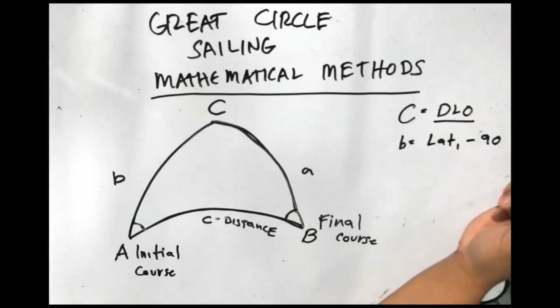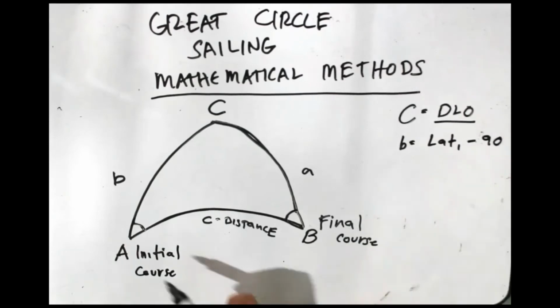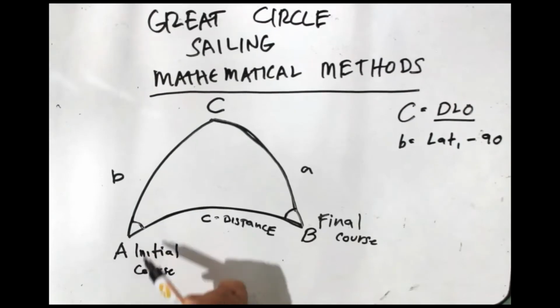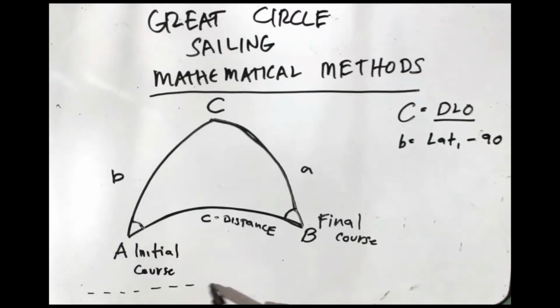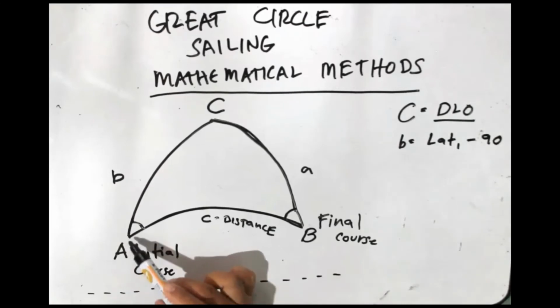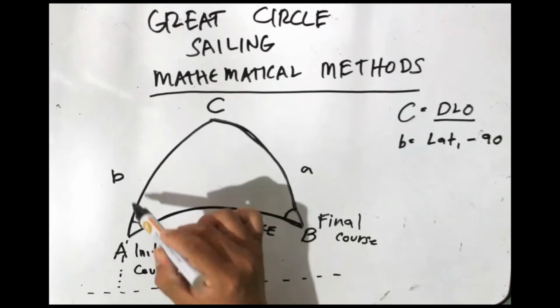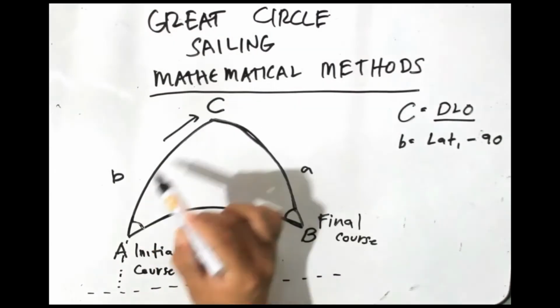Bakit ko nasabi na minus 90? Because kung for example right here ay meron kang latitude, no, from your equator. Okay, ito yung latitude mo na yan. Yan. Kaya magma-minus 90 tayo para makuha natin yung distance nito.